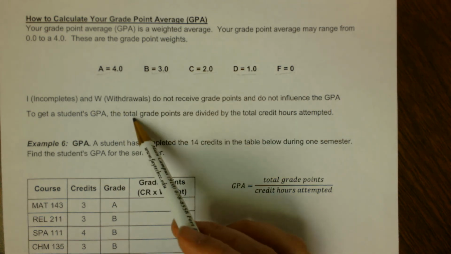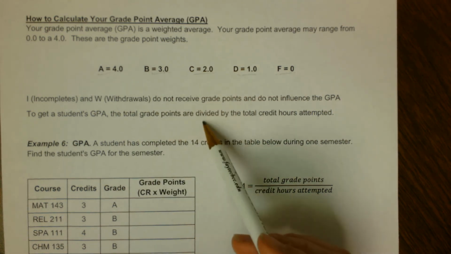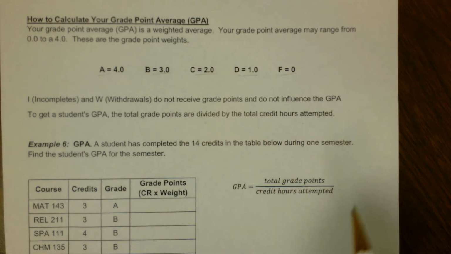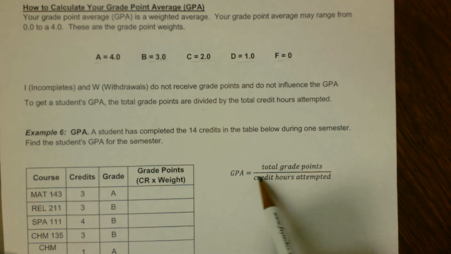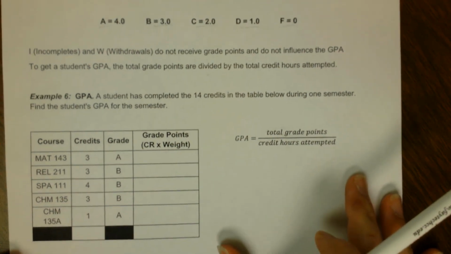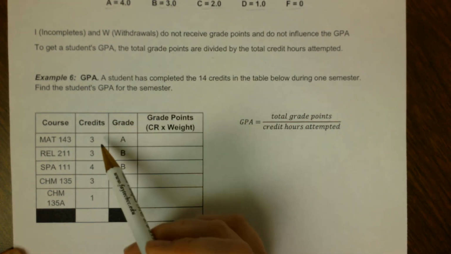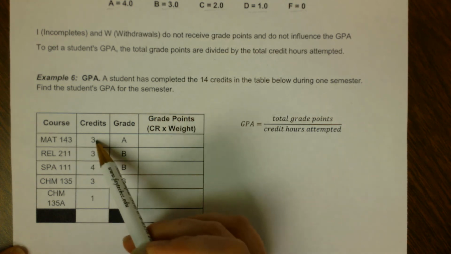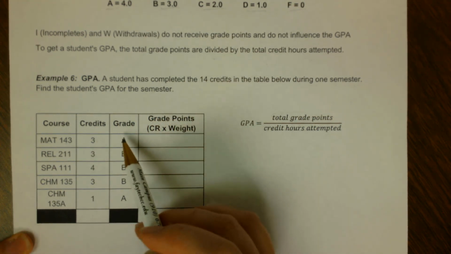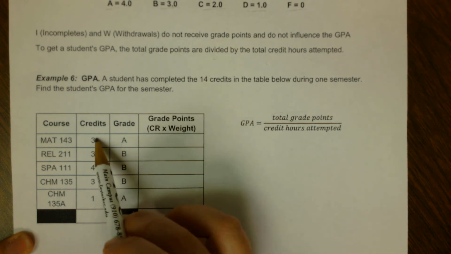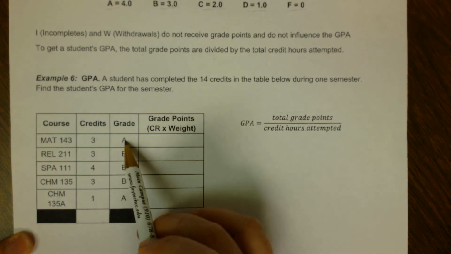So to get your GPA, you want the total grade points divided by the total credit hours. So you add up all the points you get divided by the total number of hours. So let's say Math 143 is worth 3 credits and you get an A in it. To get the grade points, you multiply the number of credits times the weight you get from the grade.